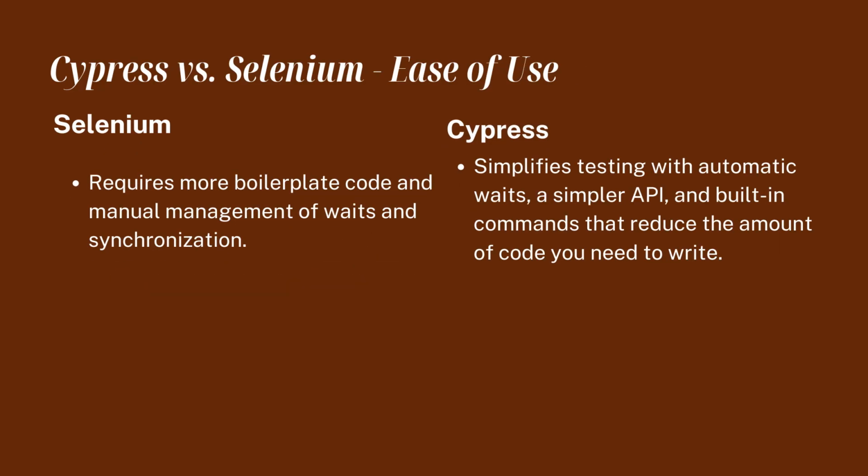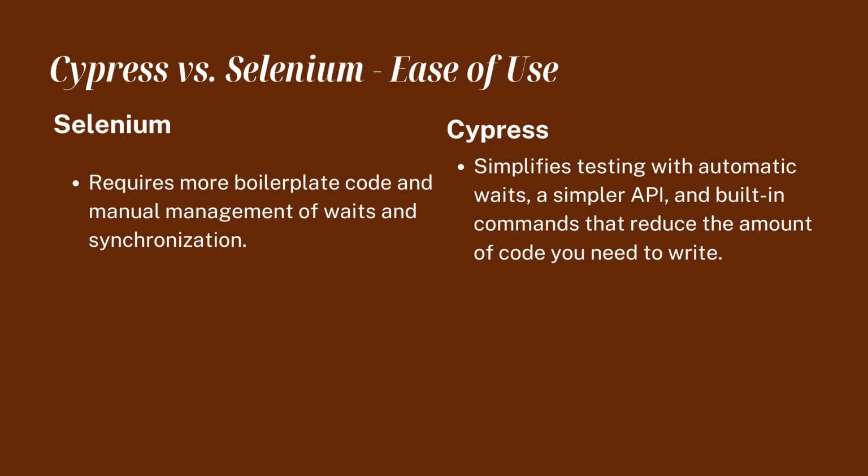And now let's talk about ease of use. Selenium requires more boilerplate code and manual management of waits and synchronizations, like we talked about. So you have to write more code. Cypress, on the other hand, simplifies testing with automatic waits, a simpler API, and built-in commands that reduce the amount of code you need to write.